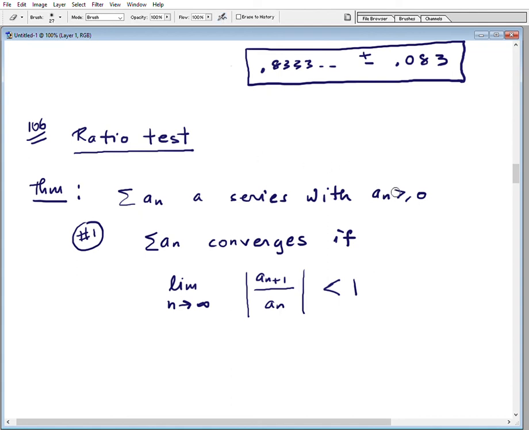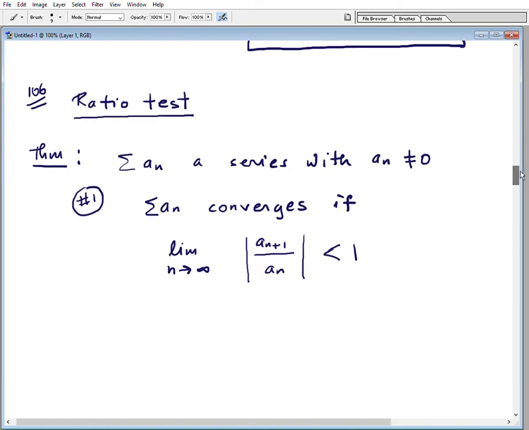So this series converges if the limit of a term divided by the one before it is less than 1. That's the ratio test, the main part of the theorem. Then we have a couple of other parts. It diverges if the opposite is true.